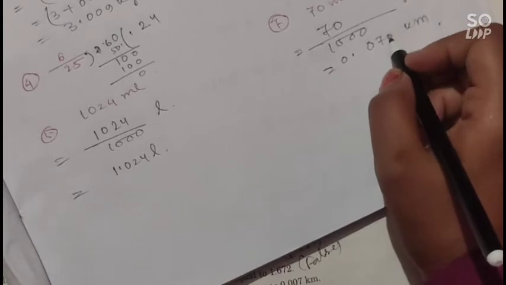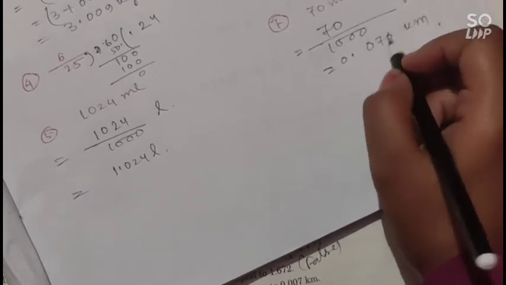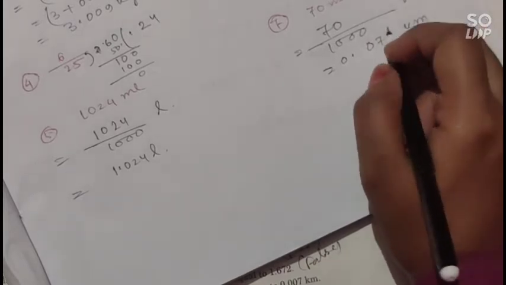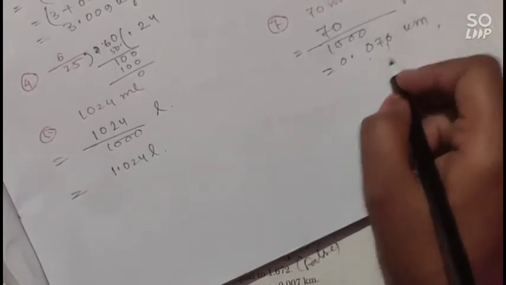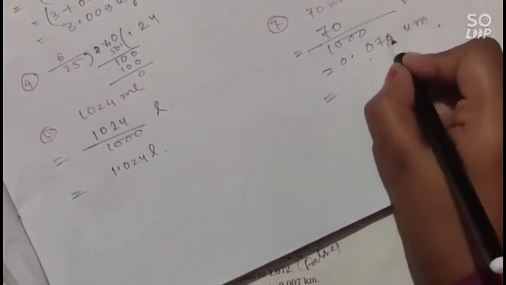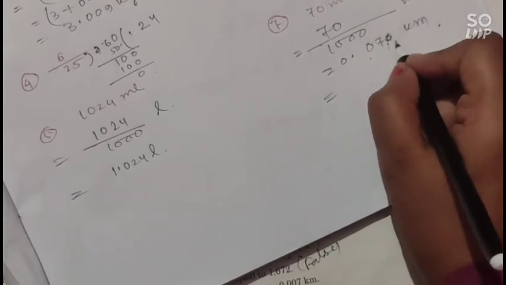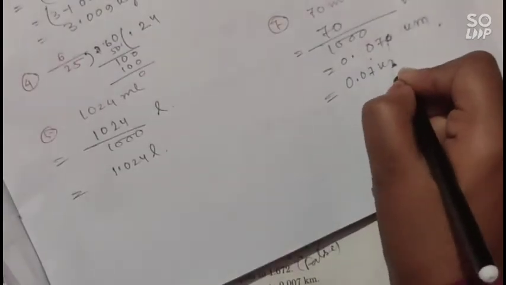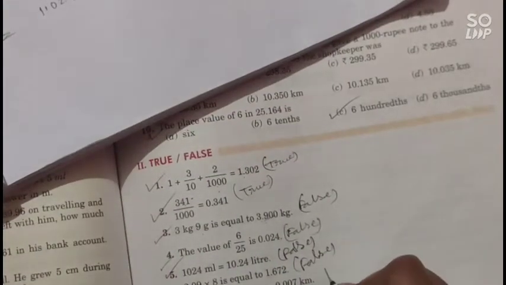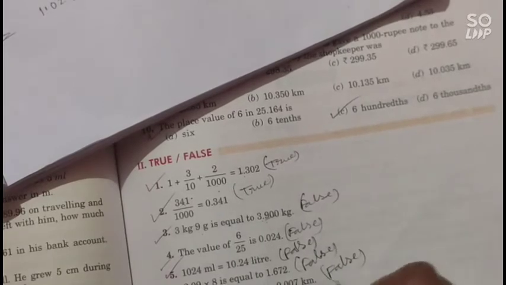So you can cancel this 0, because this 0 is at the extreme right of the decimal part, so that 0 can be cancelled. If there is any 0 on the extreme right side of the decimal part, then we can cancel it. So this will be 0.07 kilometer. So actually this will be false.